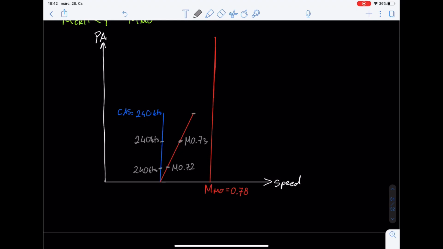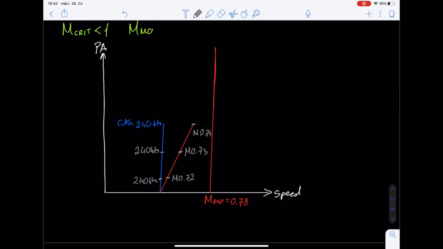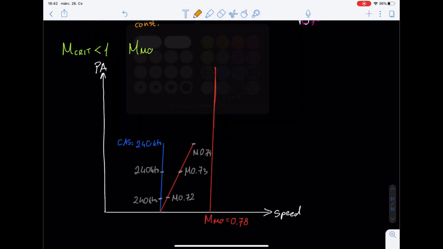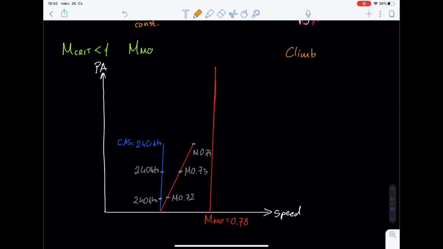And let's say that here I reach Mach 0.74. This is what is called a so-called climb schedule. And this is how it's given to the pilots. This is what's going to be important: the climb schedule. In this example, it would be 240 knots and 0.74 Mach number.